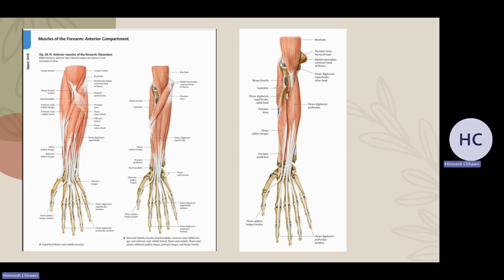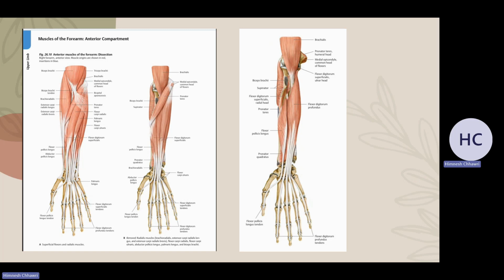So what happens is the tendon moves here, and when it reaches the middle phalanx, it splits into two, and then it inserts in the sides. So it moves here, splits into two here, moves, splits here. It splits just before insertion into the middle phalanx.